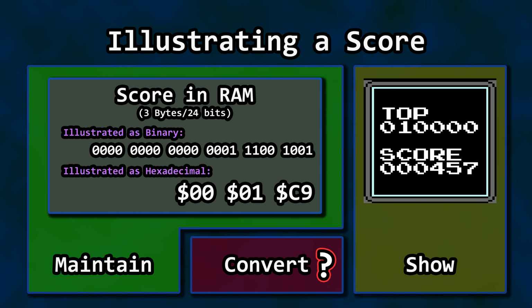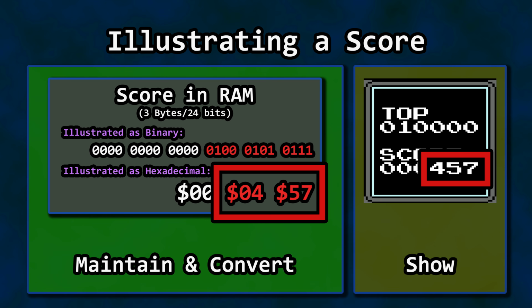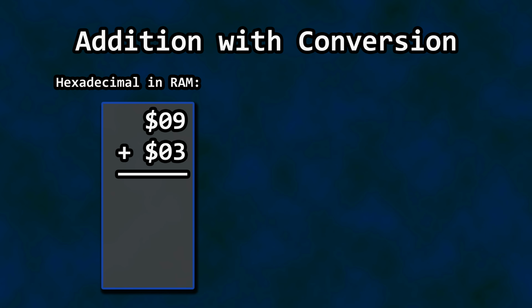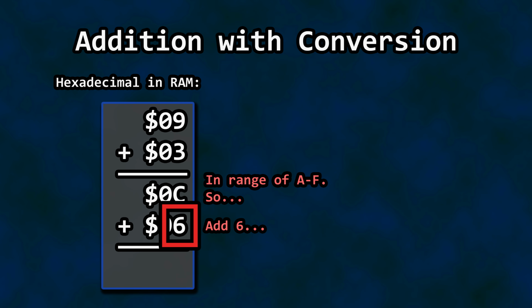The programmers of this NES Tetris elected to maintain the score value in RAM as decimal by performing a conversion each time addition happens. For example, if 9 and 3 are added together, the result is 0C in hexadecimal. Additional logic sees that the low column, called a nibble, is in the range of A through F. It therefore adds a value of 6 to roll us past these 6 possible letter values of hexadecimal.